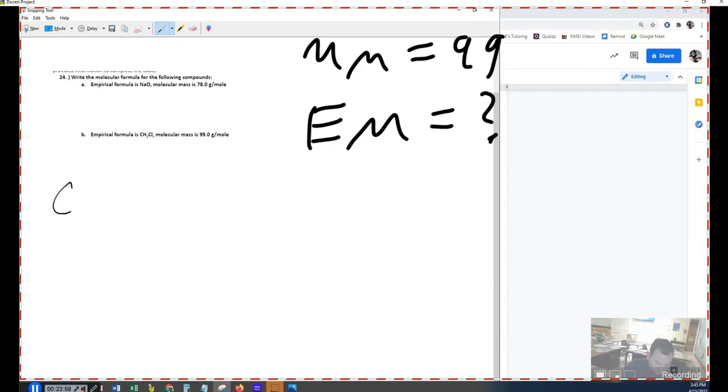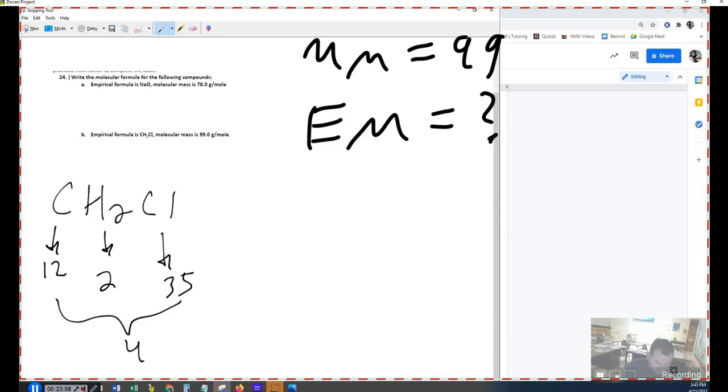Our formula is CH2Cl. So that's 1 carbon, which is 12, 2 hydrogens, which is 2, and chlorine, which is 35. So 12 plus 2 plus 35 gets me 49. Our empirical formula mass here is 49, which is obviously half of the molecular mass.